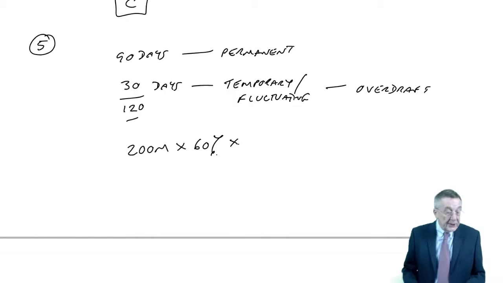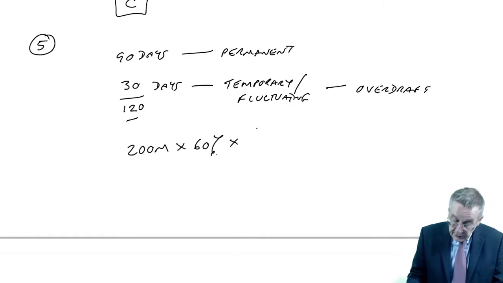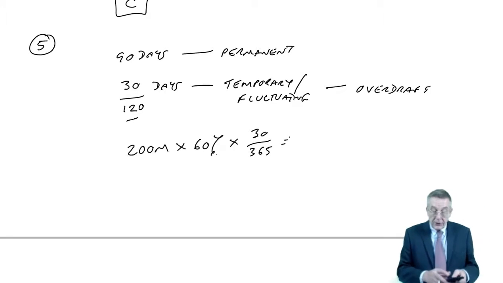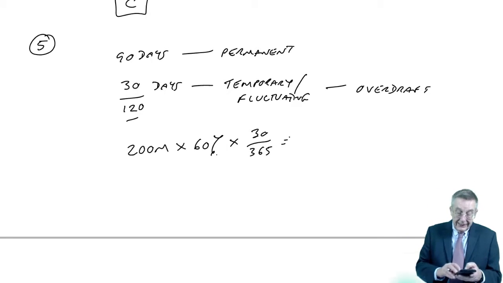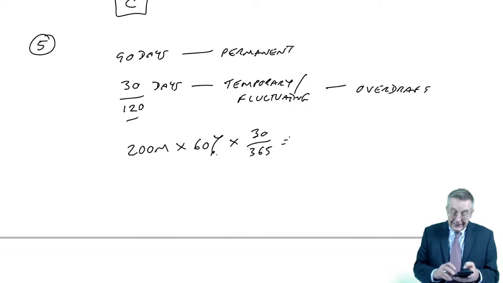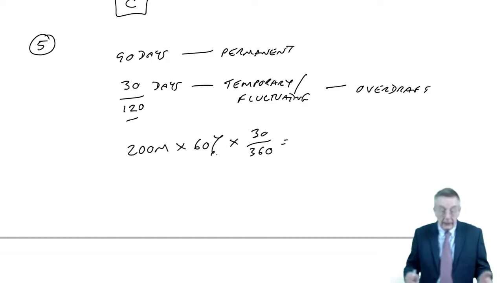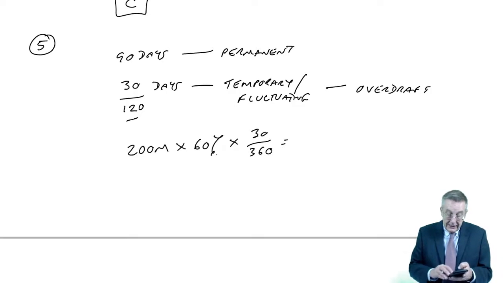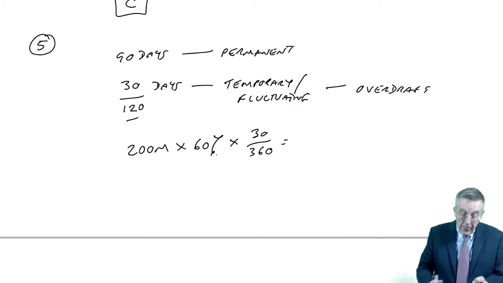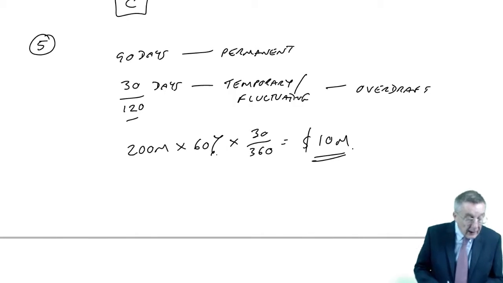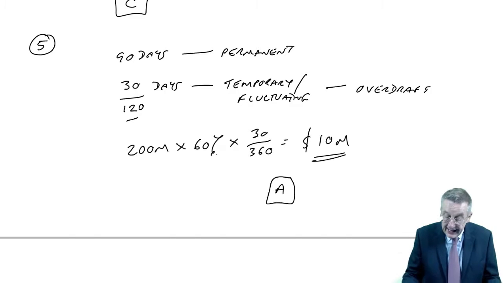Well, with 360 days in a year, 30 over 365 gives us how much? 30 over, stupid me, I said 360 and then wrote down 365. Sorry. Start again. 60% of 200 times 30 divided by 360 is 10 million. Yes, it is one of the answers, so the answer is A.